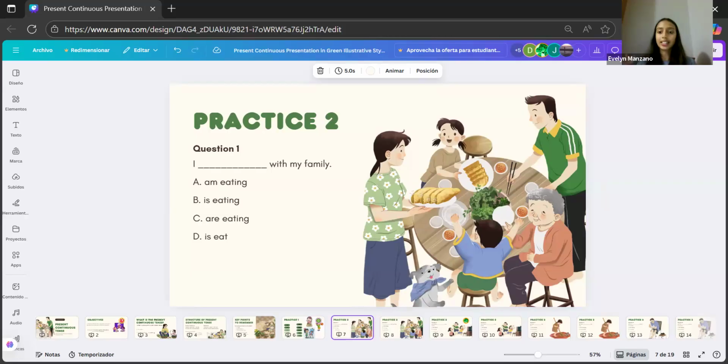Behaviorism highlights the role of practice and reinforcement in habit formation. Innatism reminds us that we have a natural capacity to learn, and interactionism explains that language develops best when we interact with others.